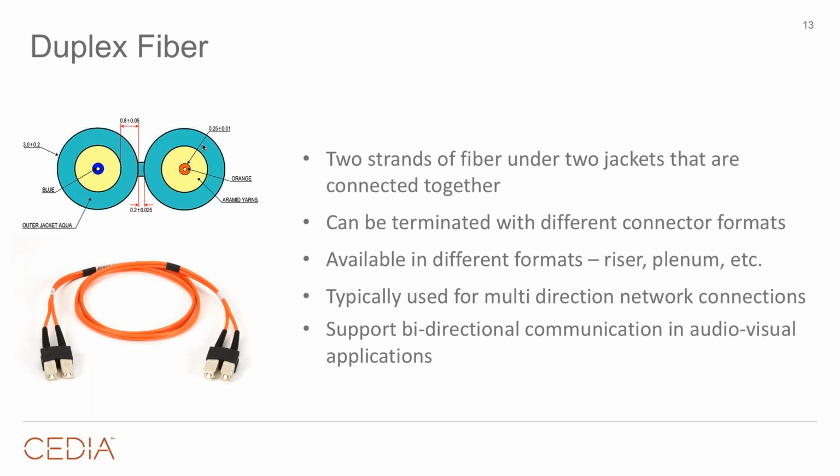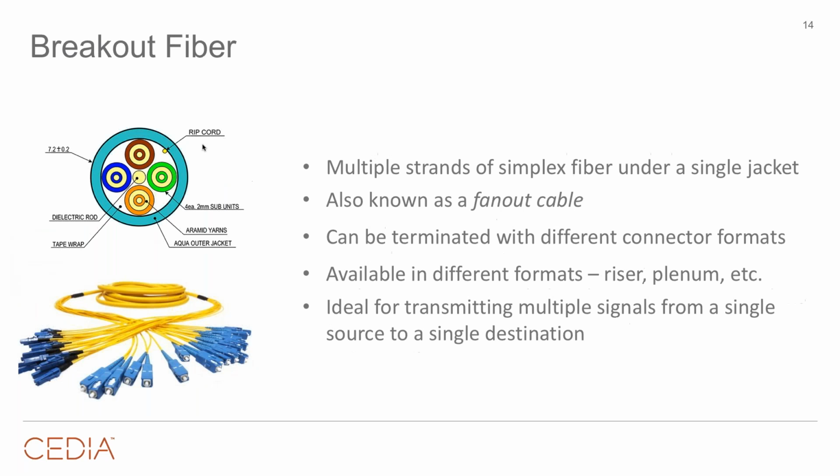Duplex fiber gives us two strands to work with. One strand is used for transmitting, one strand is used for receiving. This is the standard in networking equipment. This will future-proof us for a lot of the AV equipment that we run into. Even if our AV equipment uses simplex, and again, we at TechLogix, we do make simplex-based electronics, pulling fiber, future-proofing, we should think about duplex at a minimum.